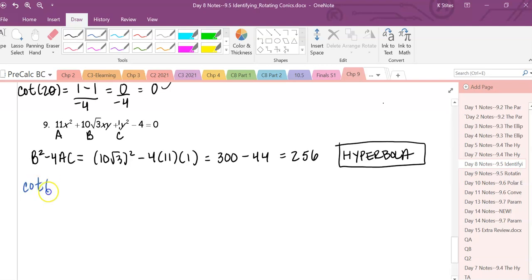All right, anyways, back to our formula. Cotangent of 2 theta equals A minus C over B. Our A value is 11, minus C is 1, over B is 10 root 3, which is 10 over 10 root 3, which is 1 over root 3.